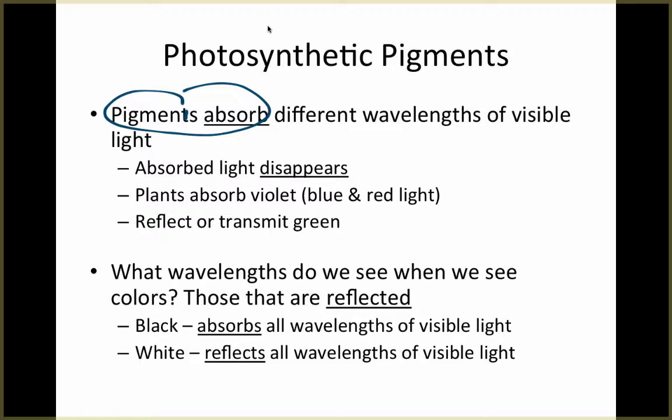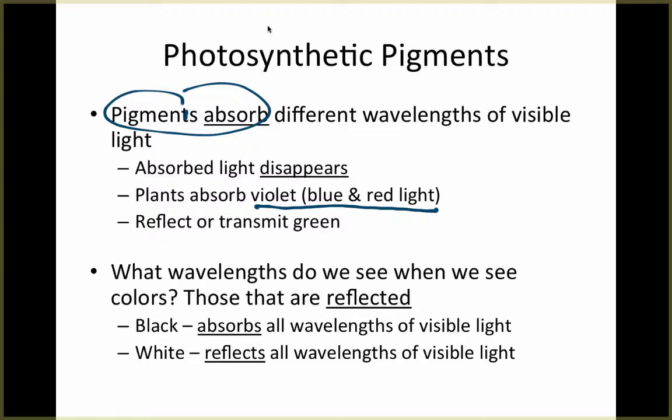And the color of the pigments works in the way that if you see a particular color, it's because it's being reflected, bouncing off and your eye is detecting it, and it absorbs all the other wavelengths besides this, right? Plants like to absorb violet colors, which is essentially blue and red light.